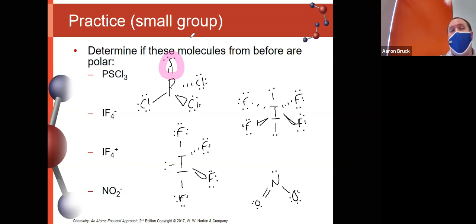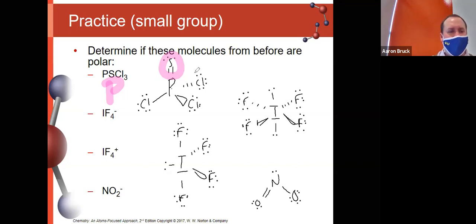It may not be a whole lot, but it's some. And that's all we're looking for here. Some. Do we have some distortion? Do we have some unevenness of sharing of electrons in the molecule itself? PSCl3 is polar.